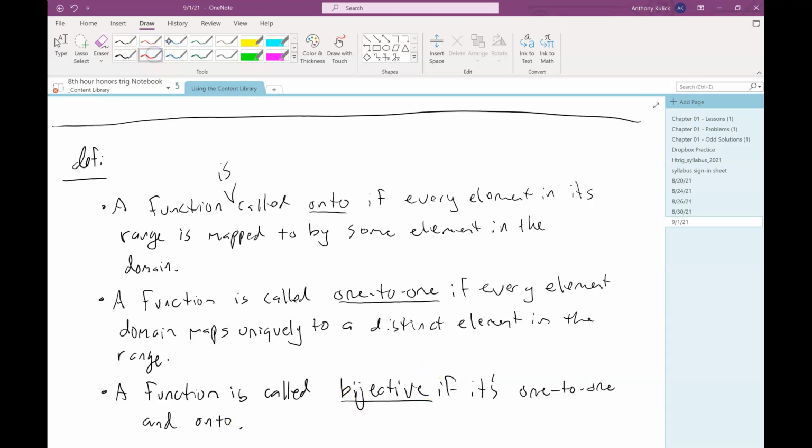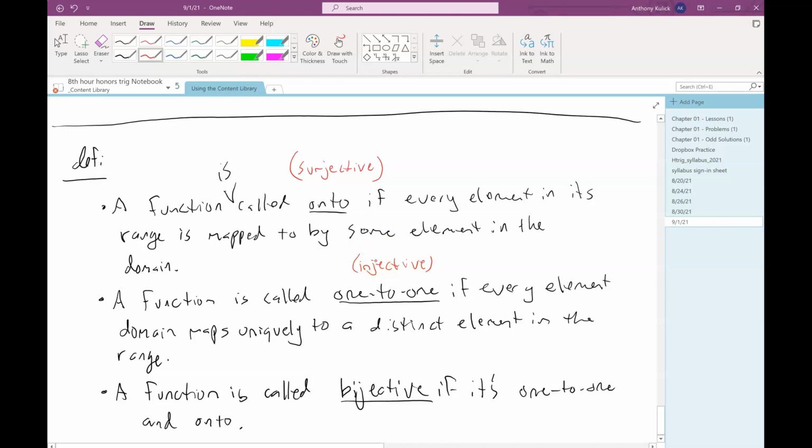As an aside, sometimes instead of onto, we use the term surjective. Onto is probably used more frequently, but not that much more frequently. And for one-to-one, sometimes we use the term injective. Again, one-to-one is probably used more frequently, but not that much more.